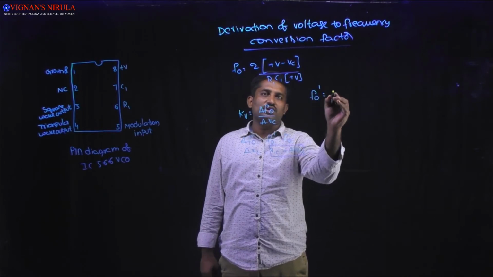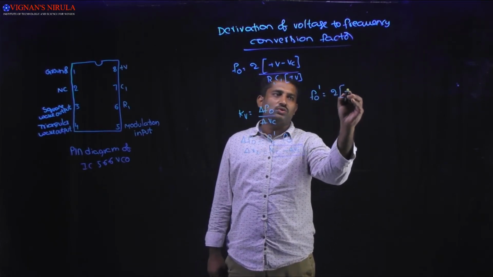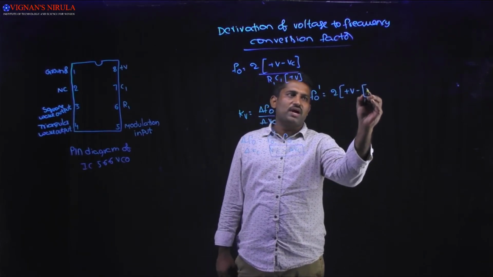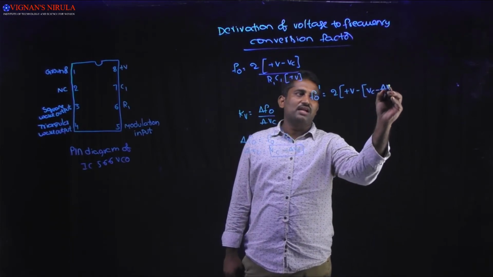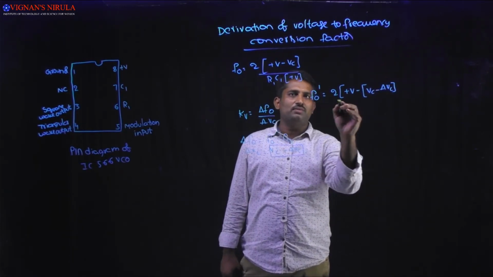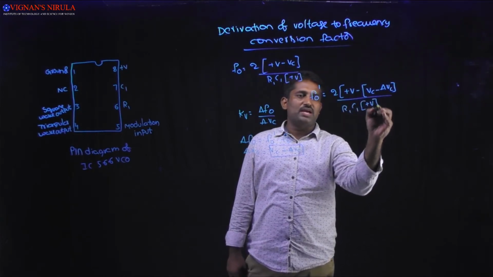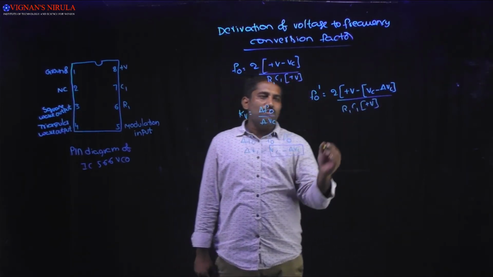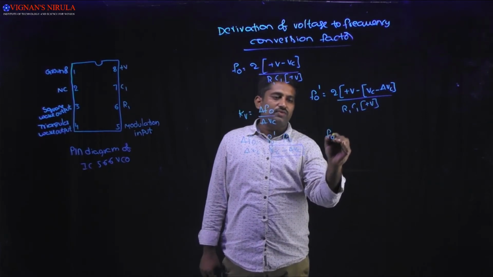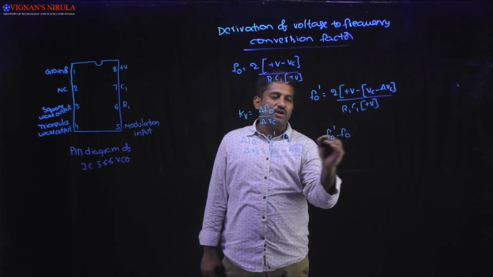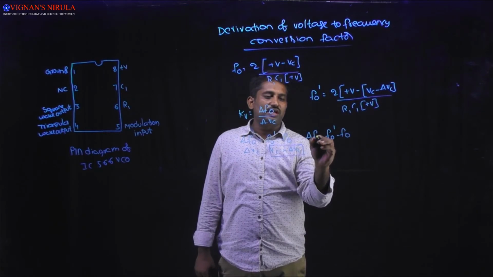Now first I am going to write F0 dash. What is F0 dash? F0 dash is equal to 2 into (+V minus Vc minus delta Vc) divided by R1 into C1 and V plus V. And now I want to calculate F0 dash minus F0, which is nothing but delta F0.